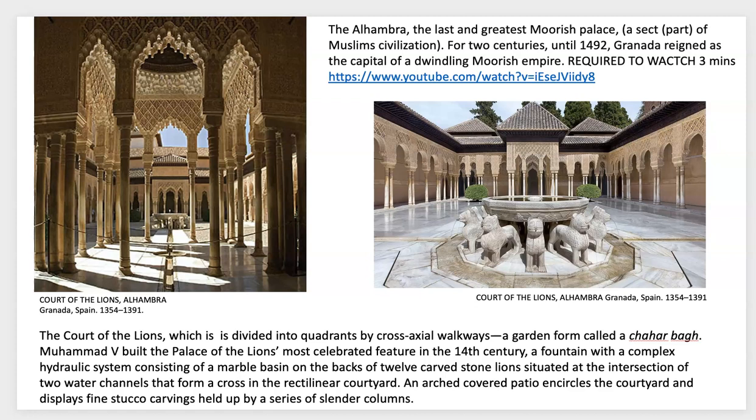So the Alhambra was one of the last and greatest Moorish palaces, which is a sect of the Muslim civilization. And here's a really great video that talks about this particular palace and the different achievements that the Moorish people had created in this palace. One of them that they're famous for is this particular fountain, which I guess had some sort of a hydraulic system.